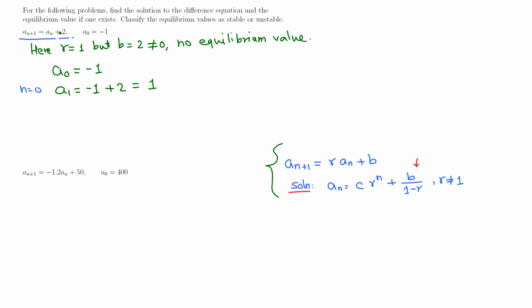If we take n equals 1 here, then we get a_2. a_2 is a_1 plus 2, and a_1 was found to be 1 in the previous step. 1 plus 2, which is 3. If you take n equals 2, we get a_3. a_3 equals a_2, which is 3, plus 2, 5.